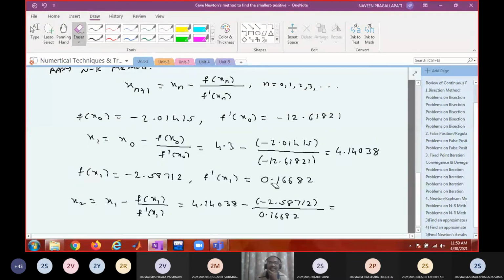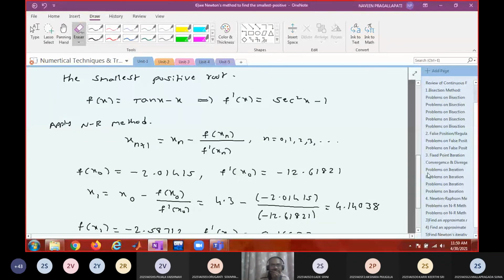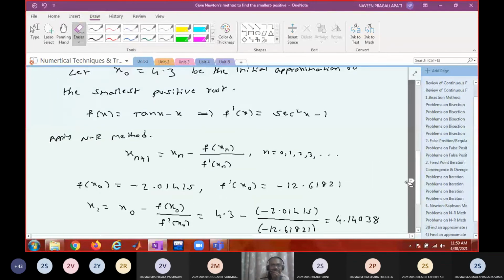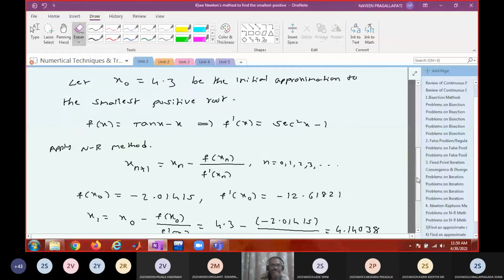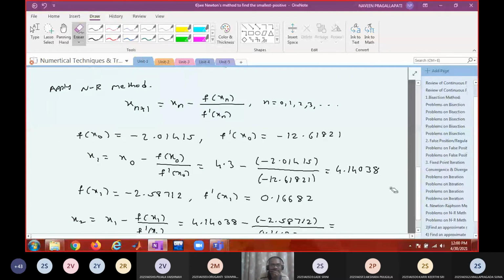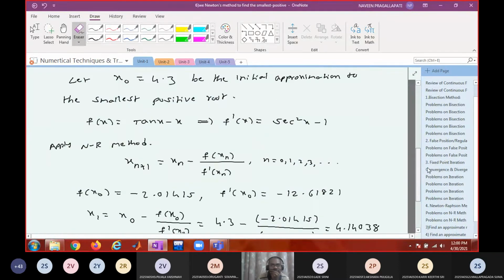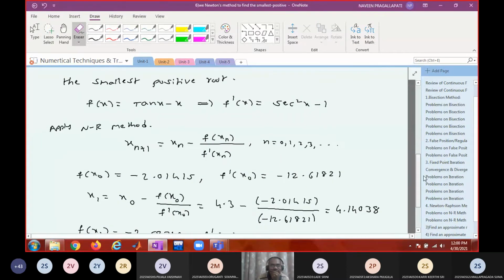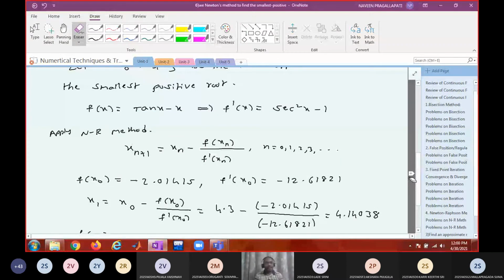Are the angles set in radians? You notice that our f of x naught is minus 2 point something, whose magnitude is not less than 1.